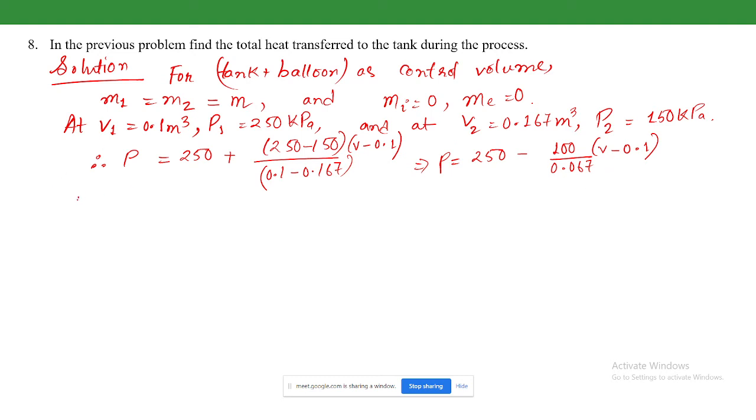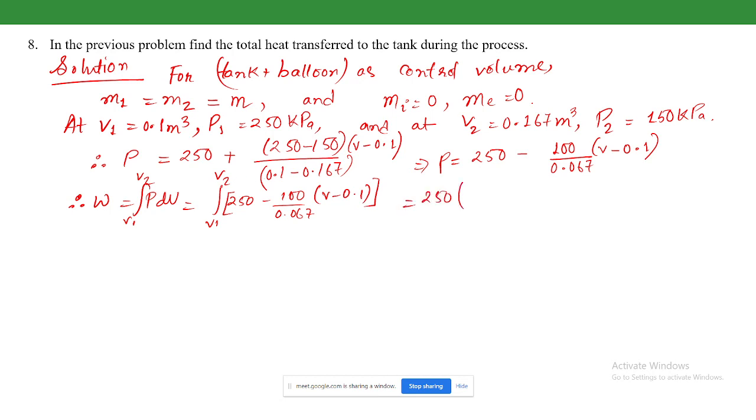Okay, so the work done, integration PdV. So this is integration from V1 to V2 of 250 minus 100 by 0.067 into V minus 0.1. If we do the integration, V2 is 0.167 and V1 is 0.1.